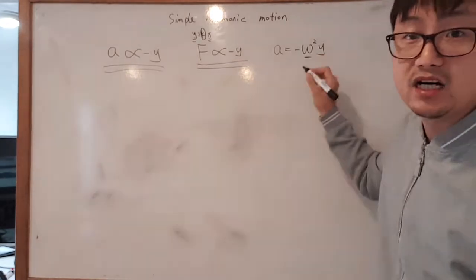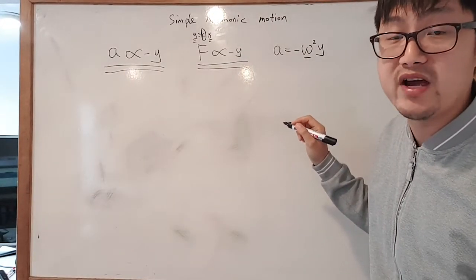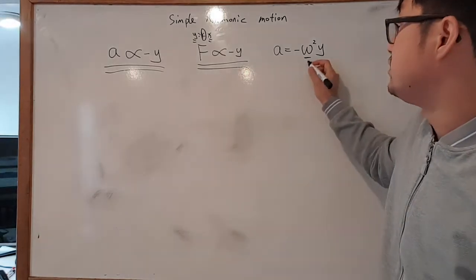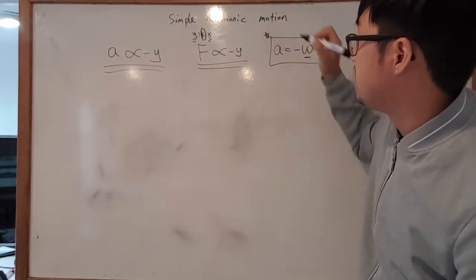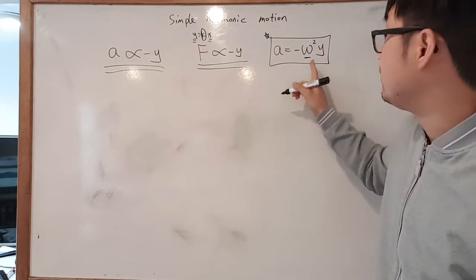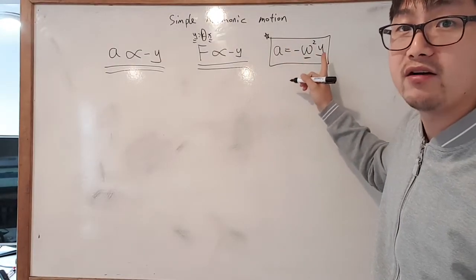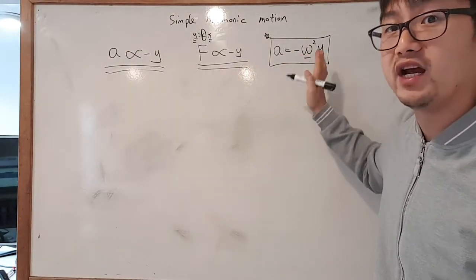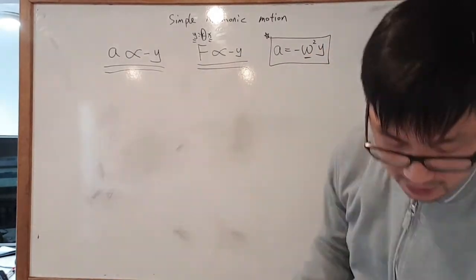And then we'll find out what omega is. Omega is the angular speed. So why do we have angular speed? I write this equation over here because it's the equation given to you in your exam. Later you can use it to calculate either acceleration or y. But for now, all we need to know is that this equation exists.